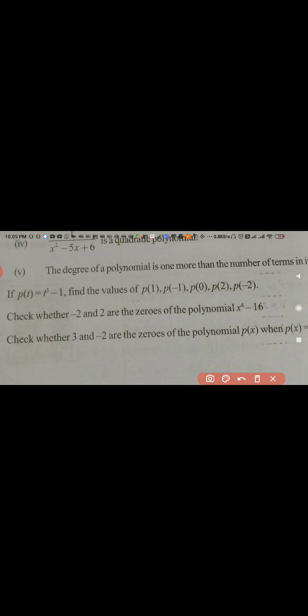So I will solve only two problems, that is P of minus 1 and P of 2. The remaining problems you do at home. First of all, what is the given equation?